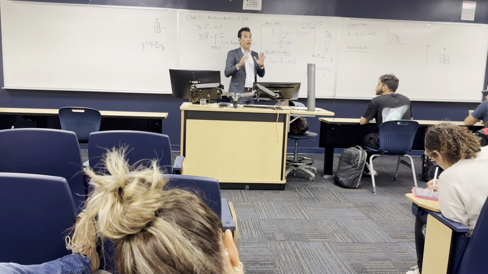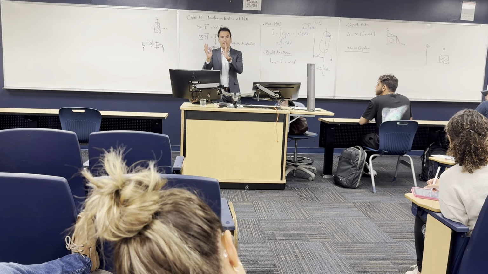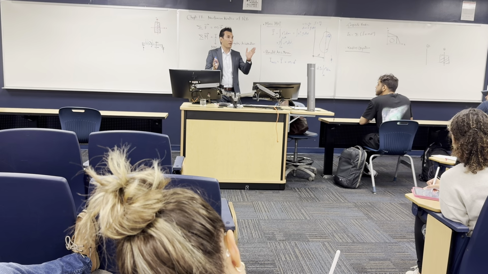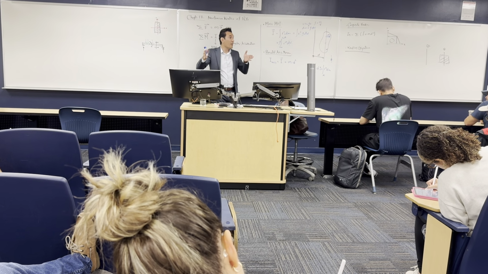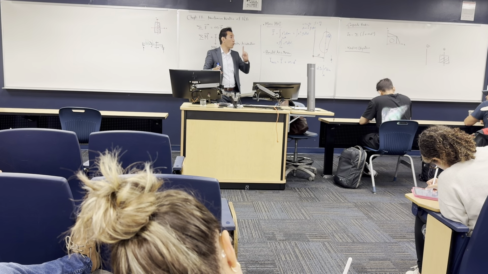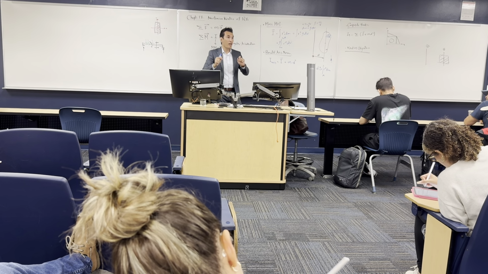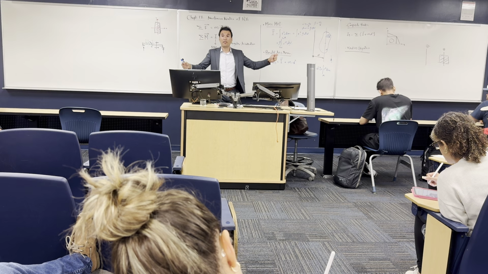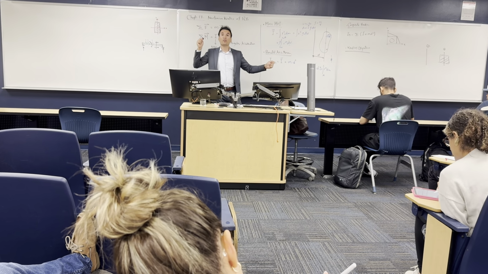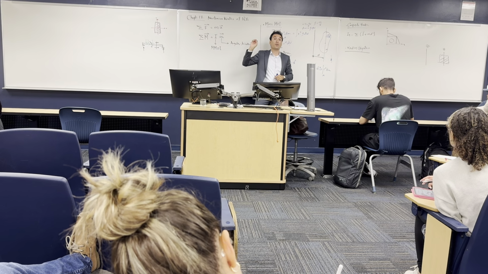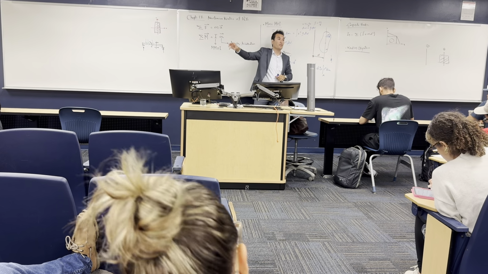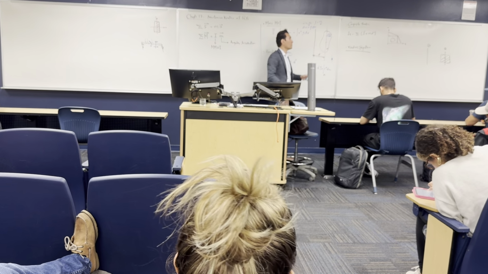Sometimes you can see an I-beam and see this is small and this is bigger, but this is bigger because it's taller, and this one is wider. So you cannot judge it from the dimensions. You need only one number to tell you if this is stiffer than this one. And that's what we call the radius of gyration. We look in the tables for the radius of gyration of this, and you will find that this is much stiffer than this one. But let's just see what the radius of gyration is.